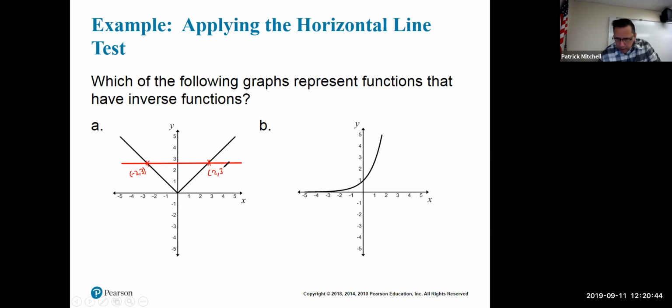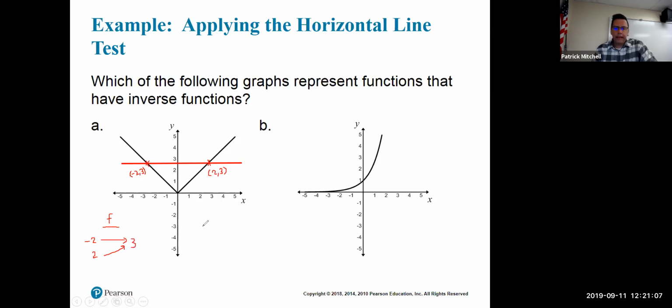Okay. Now, there is absolutely nothing wrong with a function taking both -2 and 2 over to the number 3. There is absolutely nothing wrong with that. Okay, we talked about that at some point. Okay, that's perfectly okay.